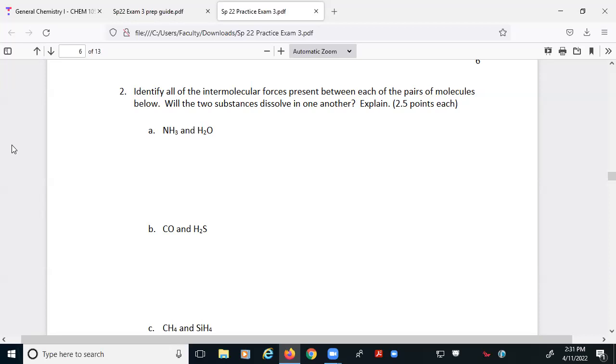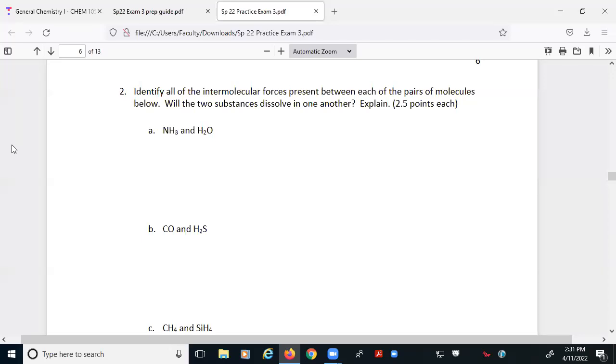For this question, what you have to do is evaluate each molecule individually and then how they'll interact with each other. So for problems like this, I usually try to pick molecules that you know pretty well, or that you can rationalize pretty quickly what they are so that you don't have to draw all of them.